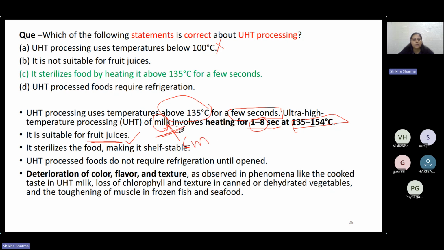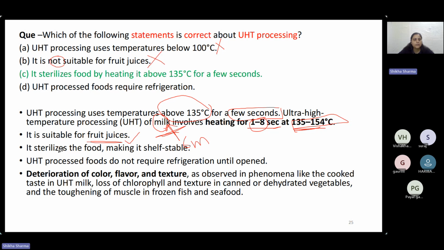If you have ever tried it, you must have experienced some burnt flavor in UHT milk, because the temperature is so high that the basic proteins and carbohydrates undergo some modification and can give the burnt flavor. So B, not suitable, is incorrect.